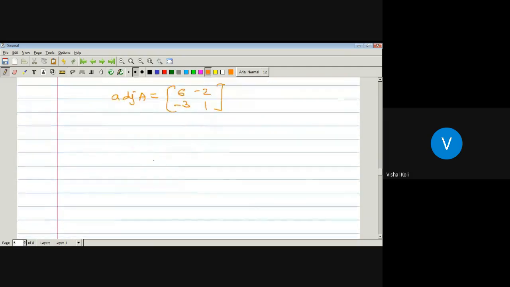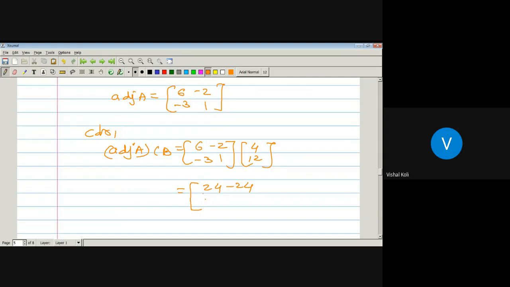Okay, so now consider adjoint of matrix A into matrix B, which is equal to 6, minus 2, minus 3, 1 into 4 and 12. Now check whether it is non-zero or 0, that is null or non-null. 6 into 4, 24. Minus 2 into 12, minus 24.